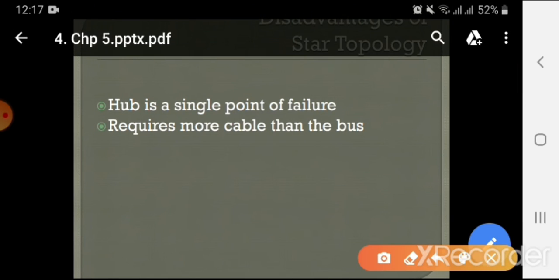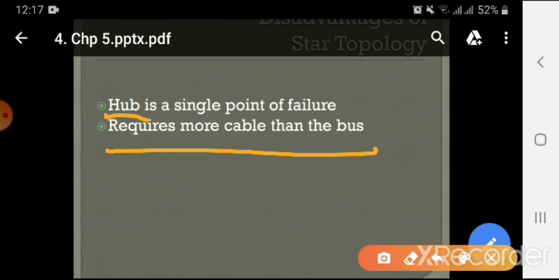Now if the hub or the switch is damaged, the hub or switch is the central device through which all the computers are connected. If the hub or switch goes down, the whole network goes down. This is the main failure point, and it requires more cable than bus topology. Why does it require more cable?